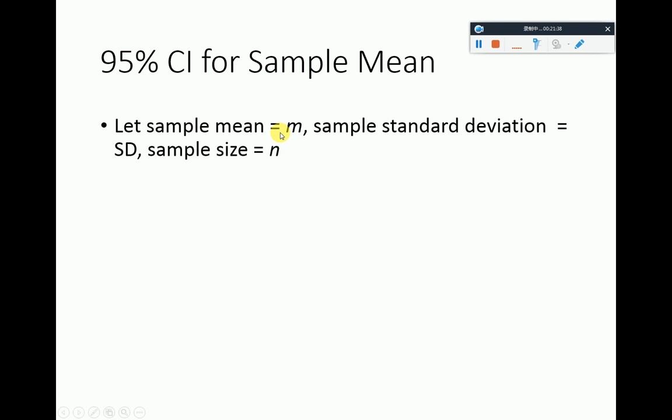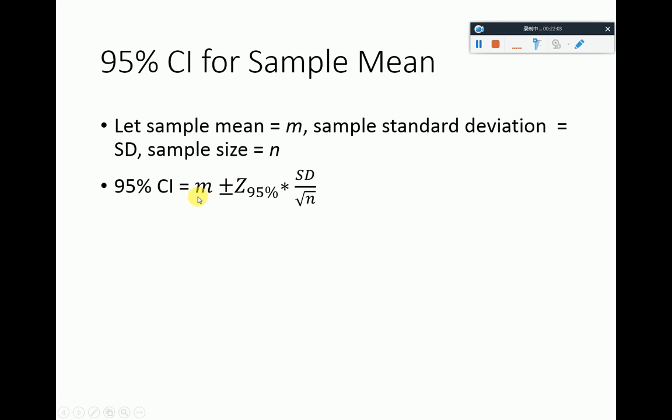So let's specify some notations. Let the sample mean be represented by M, the sample standard deviation by SD, and the sample size by N. That should not be news here.